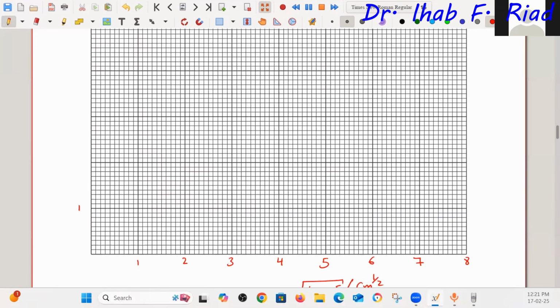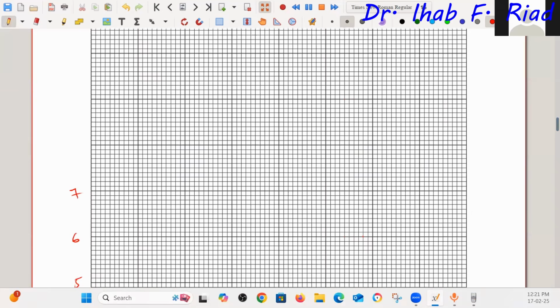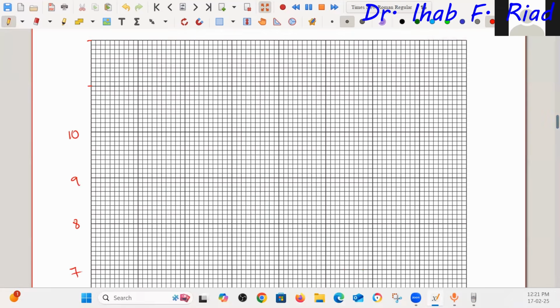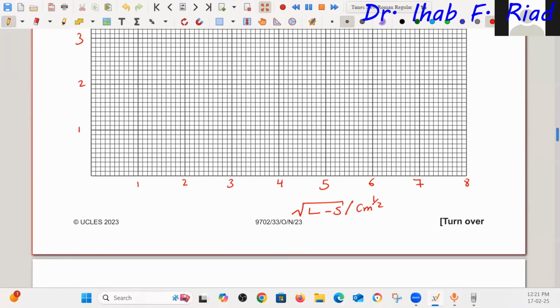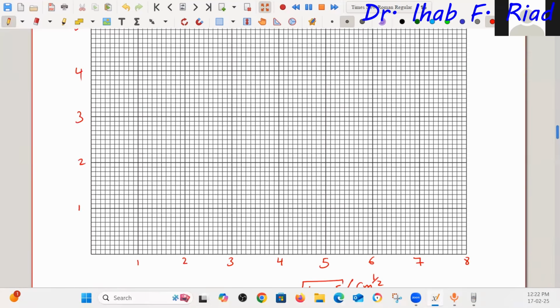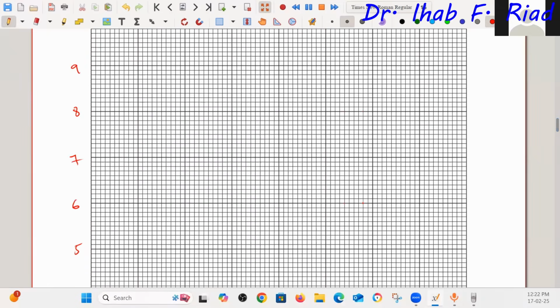Let us do the counting. 1, 2, 3, 4, 5, 6, 7, 8, 9, 10, 11, and 12. Okay? So we have 8 squares on the x-axis, 12 squares on the y-axis. What are we plotting on the y-axis? It is t. And the unit is in second.